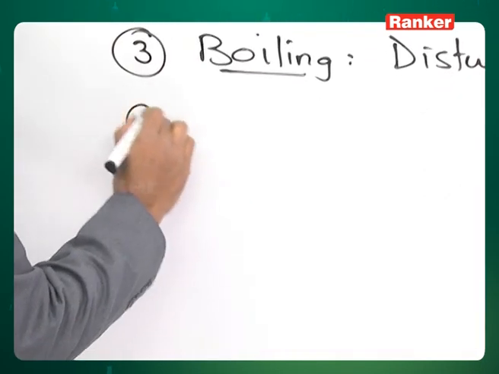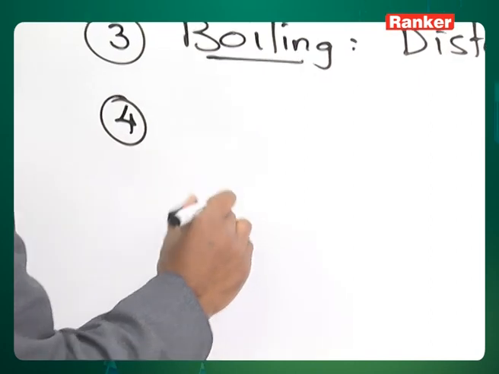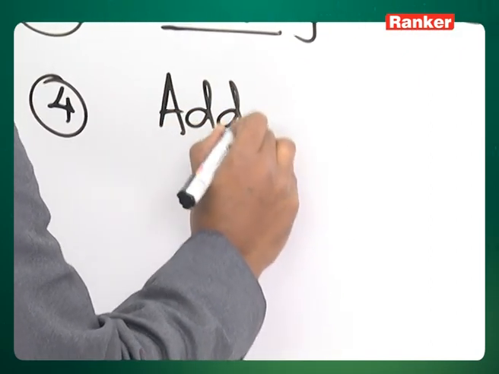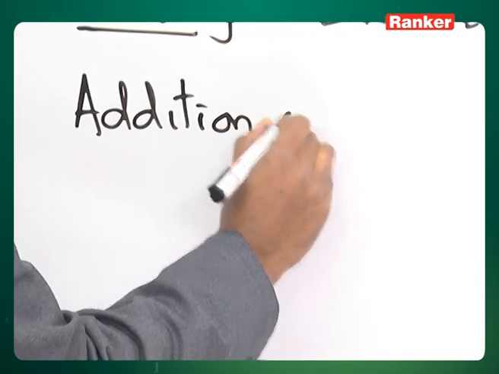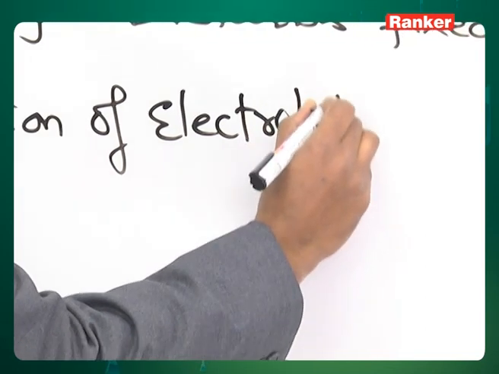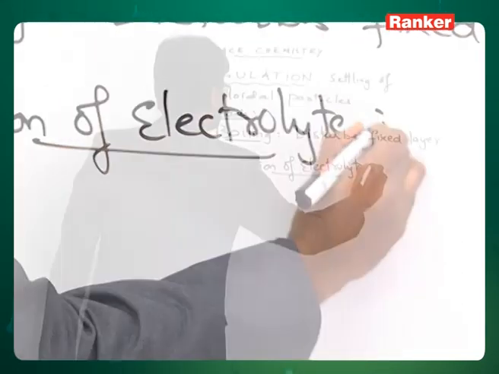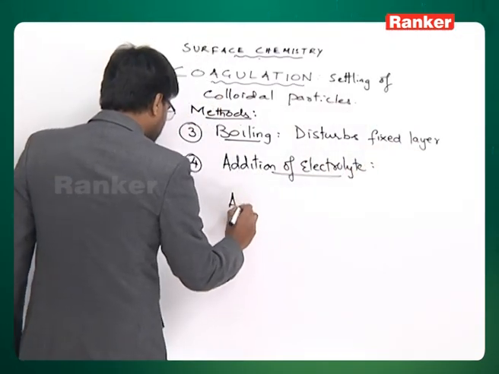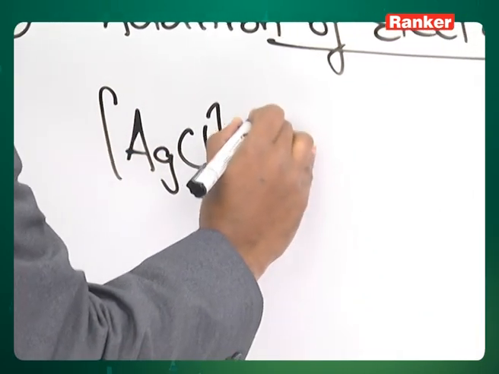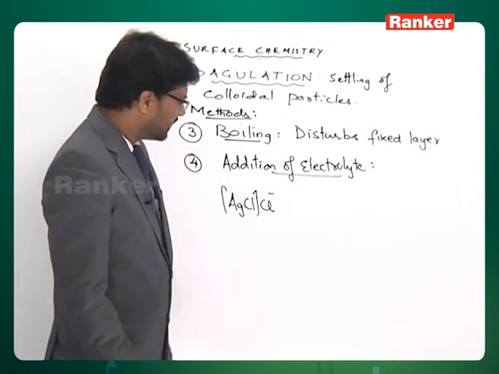Number 4 is addition of electrolyte. Now consider you have a colloidal solution of AgCl with Cl minus as a stabilizing ion.